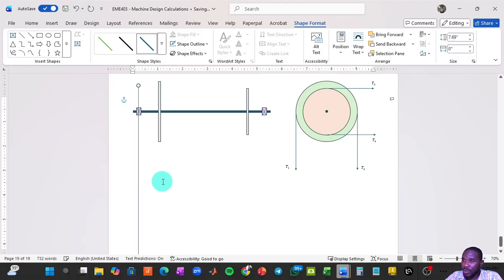Right, move it a little bit. Good. Copy and paste, and I will move you this way.